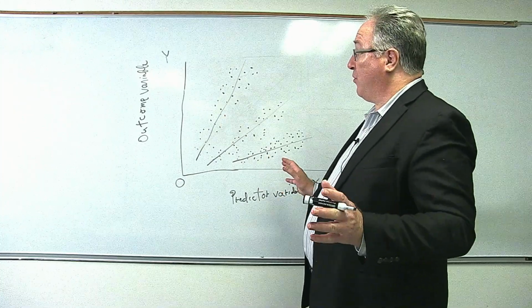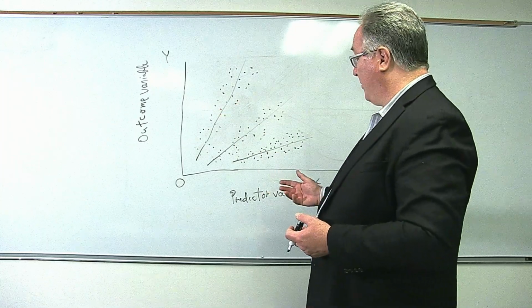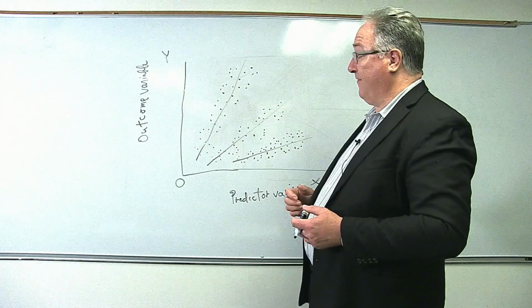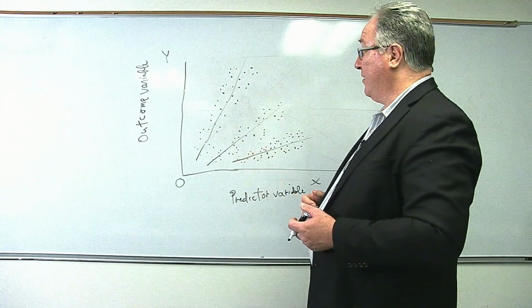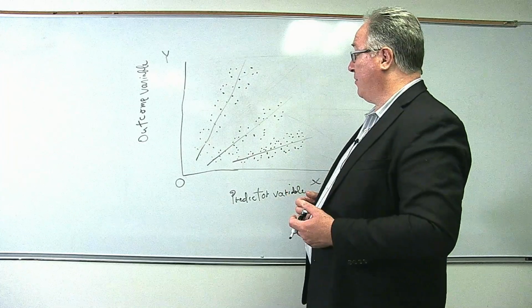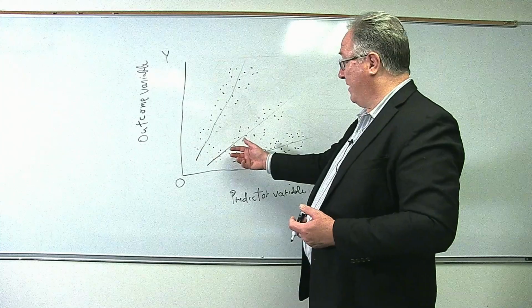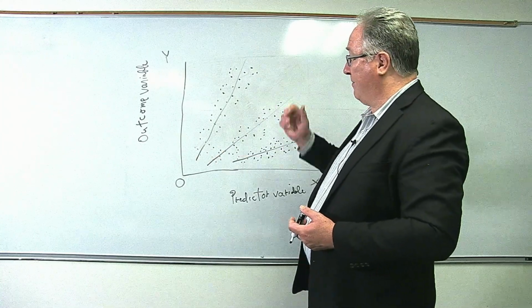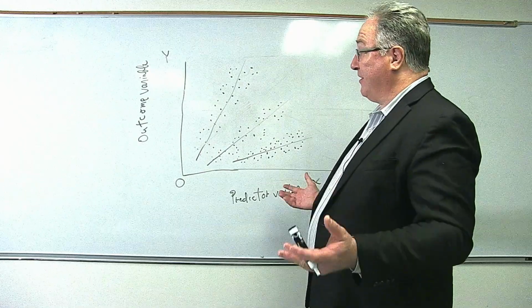But anyway, they are not straight line functions that best describe the relationship between the outcome variable and the predictor variable. The assumption in multiple regression is that, if you're testing hypotheses having to do with linear relationships, you will have a straight line function best describing the relationship between the outcome variable and each of your predictor variables. And you can test for that.